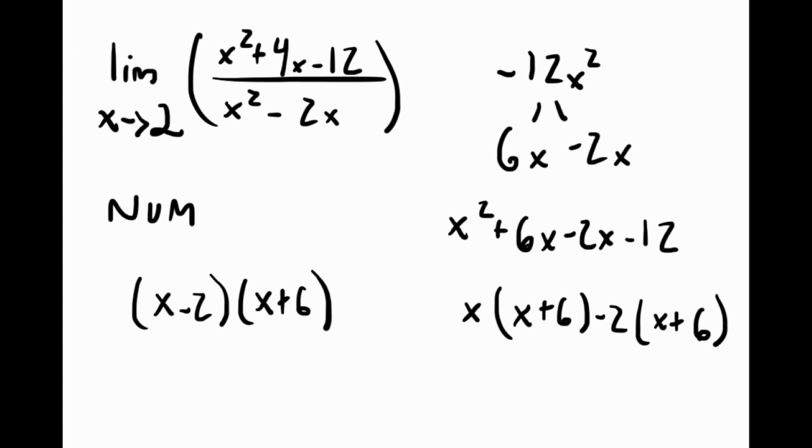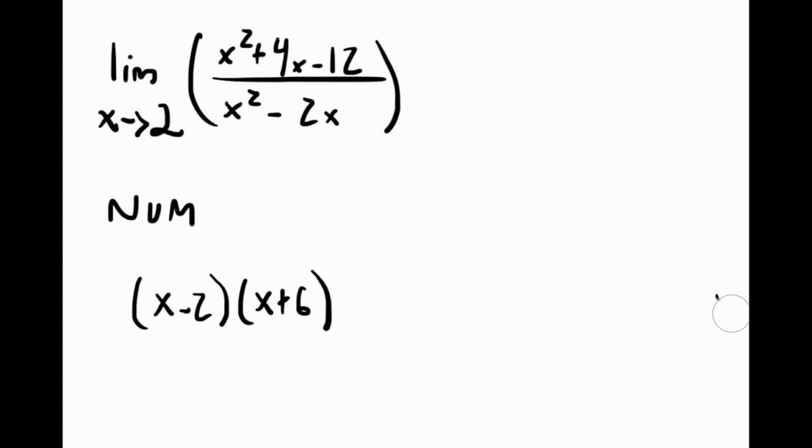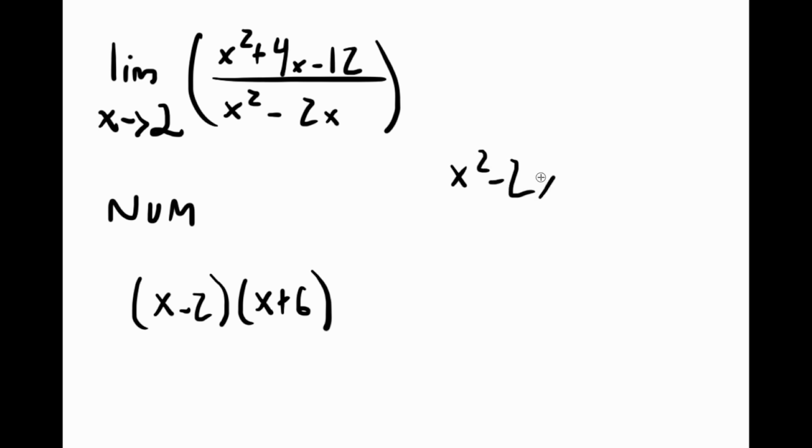And now that we found the numerator, we can find the denominator. Let's erase this first. Alright, we know that this is the numerator. So for our denominator, x squared minus 2x, we could just take out an x, leaving x minus 2.